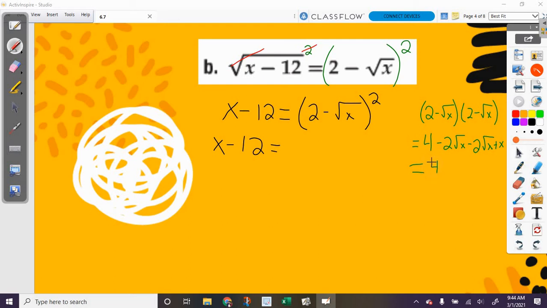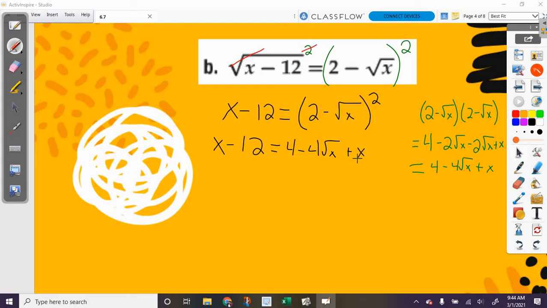So simplifying, I get 4 minus 4 square roots of x plus x. And I did that off to the side just so that I could plug in a little bit easier and don't have to worry about trying to do all of that inside of my equation.